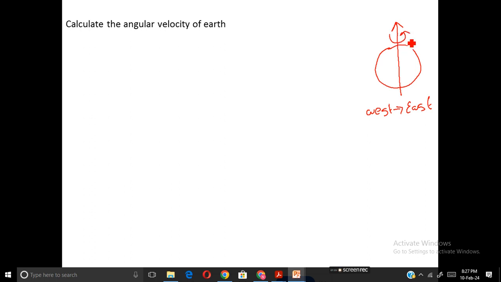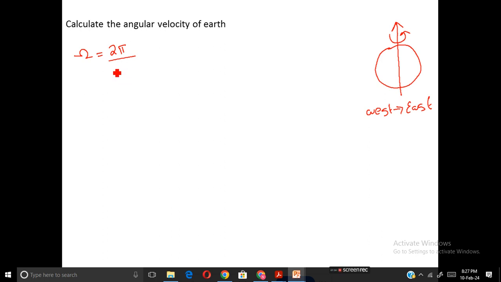Since it is rotating along its own axis, it should have an angular velocity. In the case of Earth, it is denoted as omega. Omega is given by 2 pi, the distance it covers as it completes one rotation, 360 degrees or 2 pi, divided by the time it takes to complete this rotation. How much time does the Earth take to complete one rotation? 24 hours.